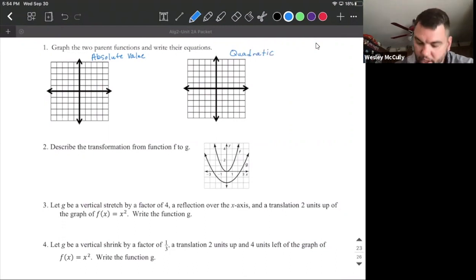In an absolute value function, the parent function's vertex starts at the origin. And then it goes up 1 over 1, up 1 over 1, up 1 over 1, all the way forever. So we'll put an arrow at the end of that.